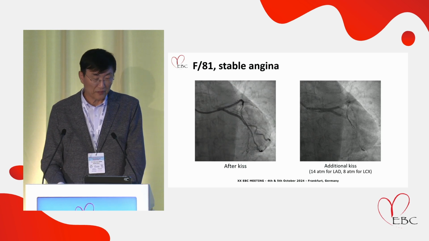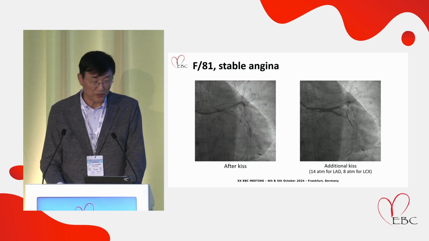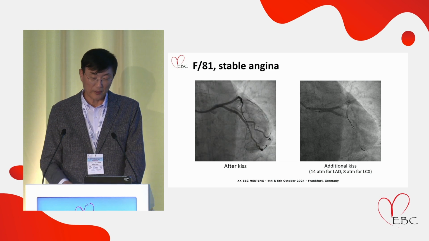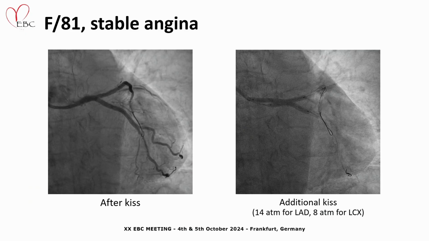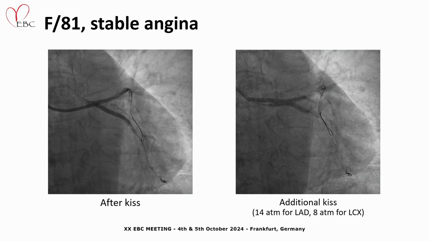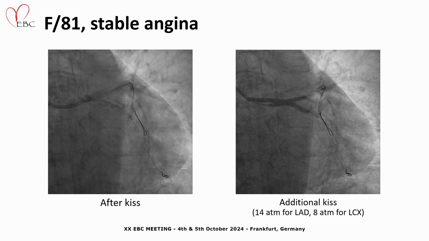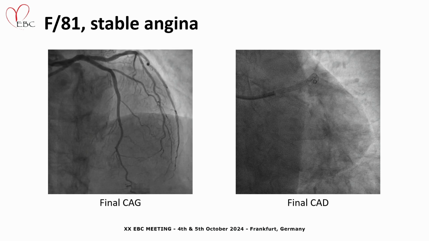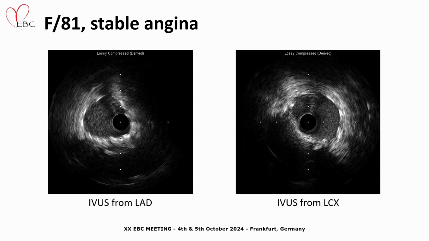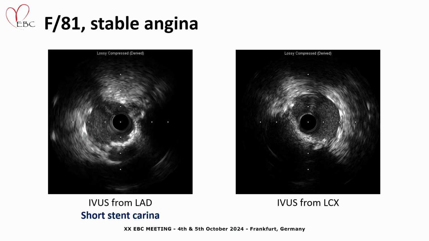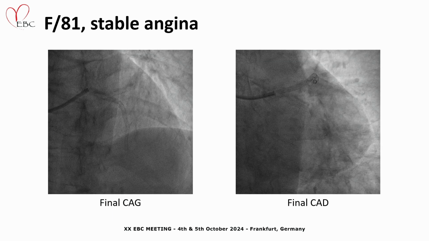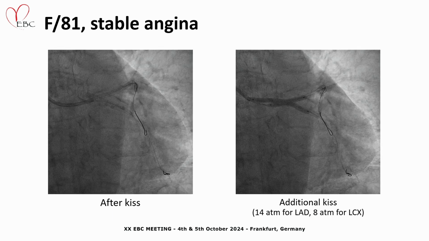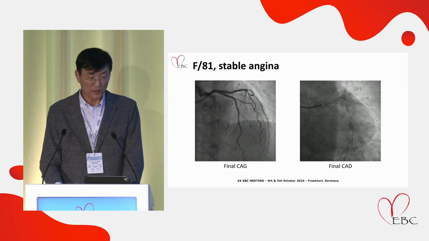Actually, I found some under-expansion of the LAD lesion, so I applied kissing ballooning again, but with higher pressure for the LAD and low pressure for the circumflex. So I did 3 times of kissing ballooning in this case. This is the final result.